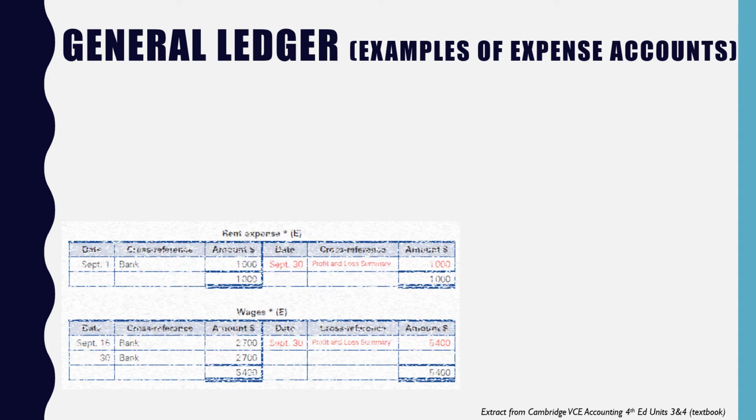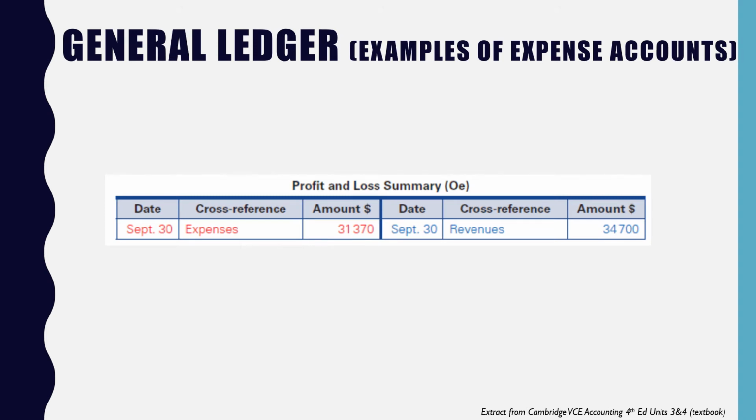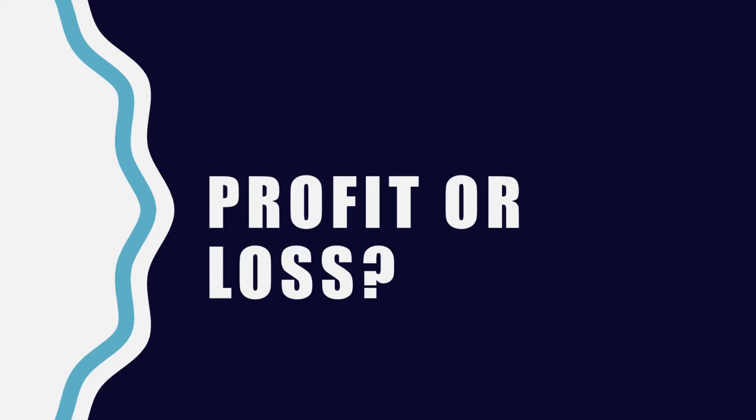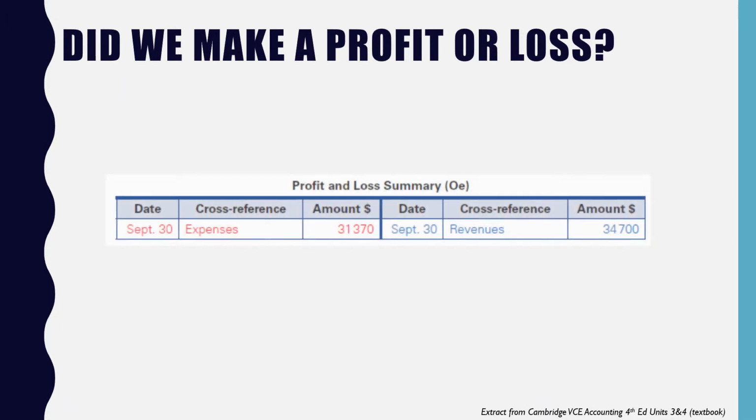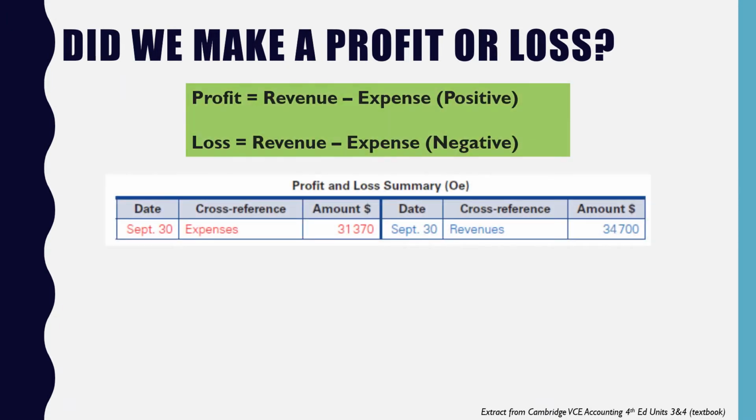And the total expenses are all transferred to the profit and loss summary, and as we can see here, it is recorded on the debit side, the total expenses of $31,370. To determine if we made a profit or a loss, we need to compare the revenues and expenses.